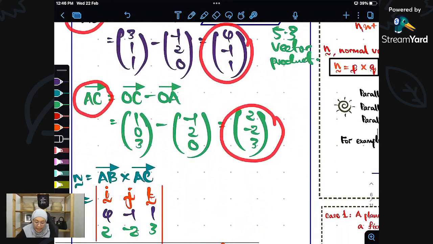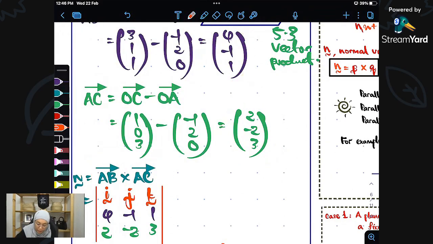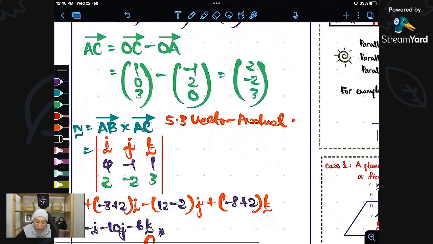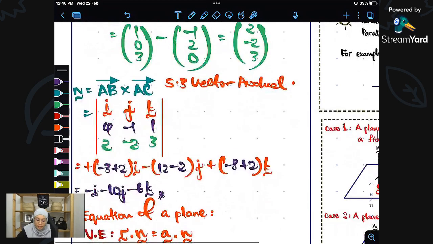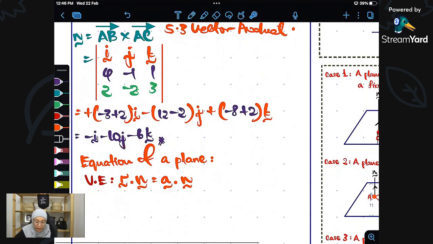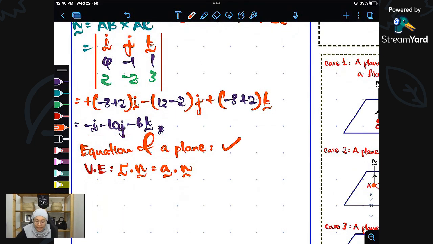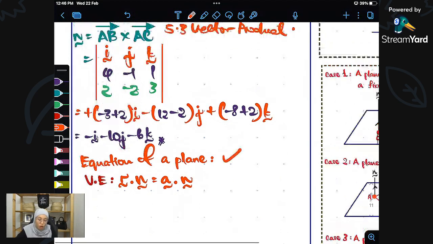I got it already, and then I do a vector product. Remember this? This is 5.3. Again, I write it down. This is vector product punya formula where cross product IJK macam biasa. And then I got this is my normal vector. After I got my normal vector, I can now solve my equation of plane, isn't it? Kita dah ada point, kita dah ada normal vector. Kita sekarang tinggal tulis sahaja the equation of plane.